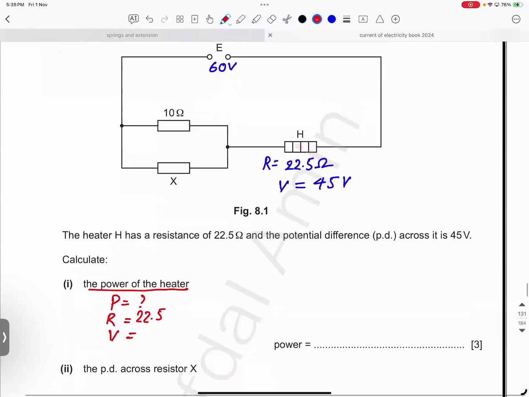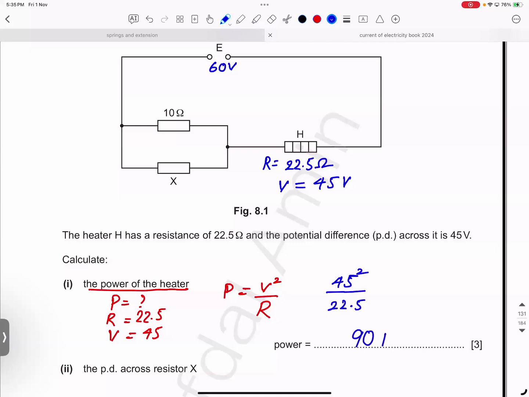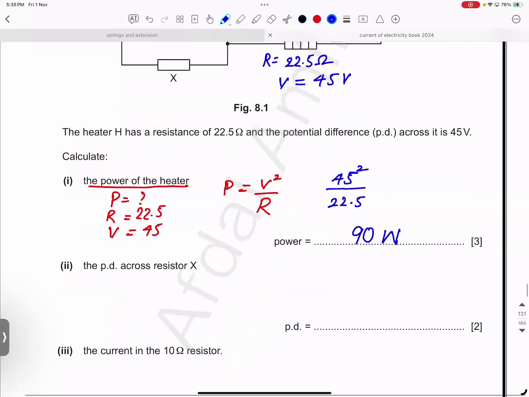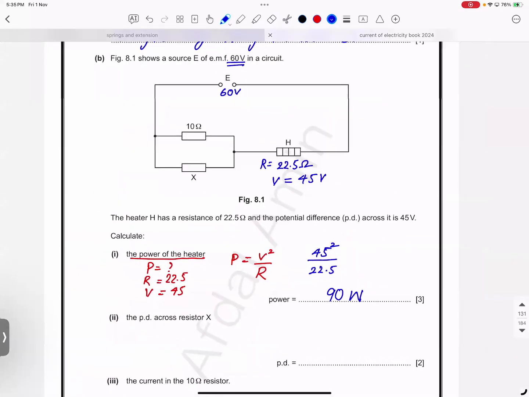Voltage, please don't use 60, use 45. So P is equal to V square over R. So 45 square over 22.5. 90 watt.